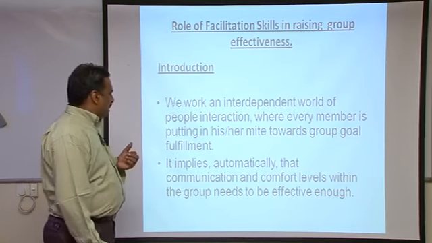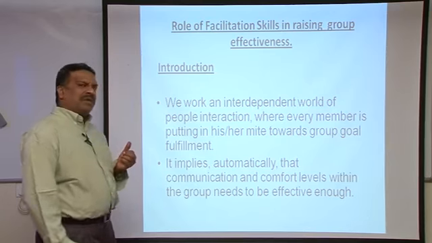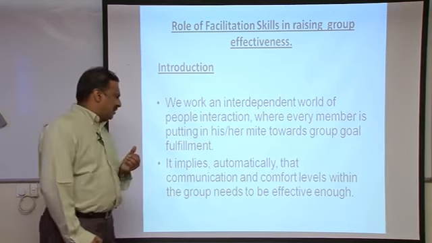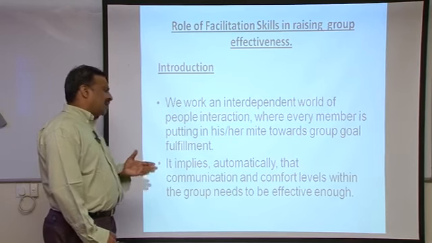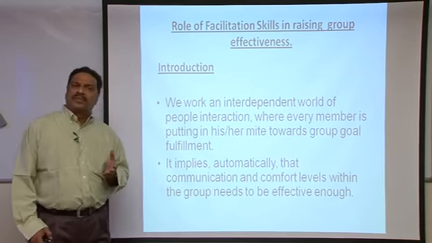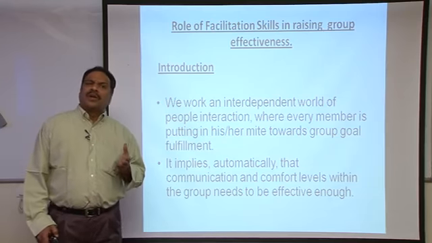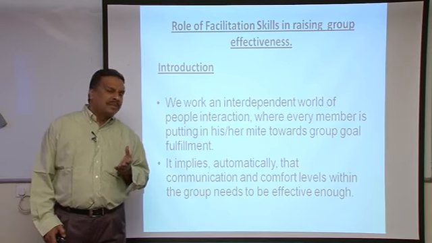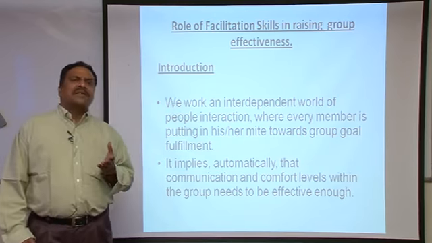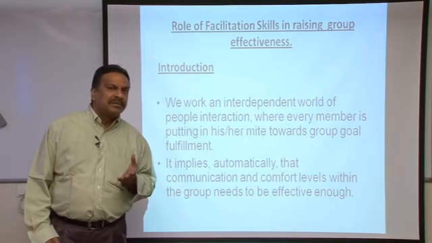The second bullet point tells us it implies, what does it mean? When people are working together, it implies automatically that communication and comfort levels within the group need to be effective enough. When we work in groups, our individual self-expression is not possible all the time. At the same time, we want to work together.